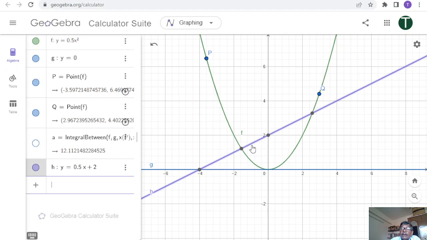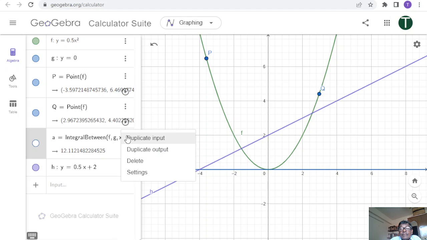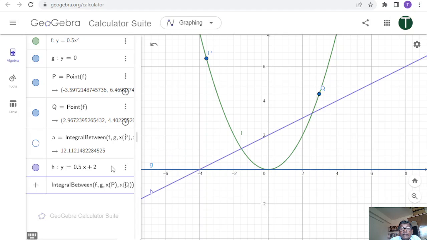So if you want to find the area enclosed between this straight line and the parabola, the instruction will be simple, is it not? Okay. First, let me do it like this. I copy this instruction, duplicate the input here.